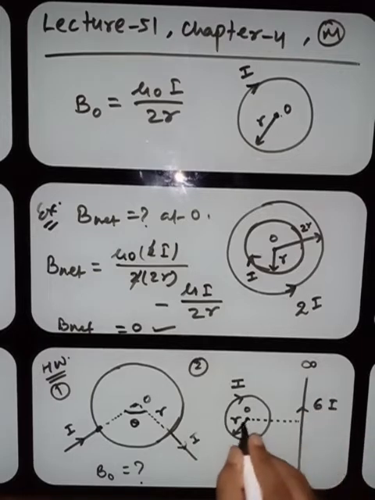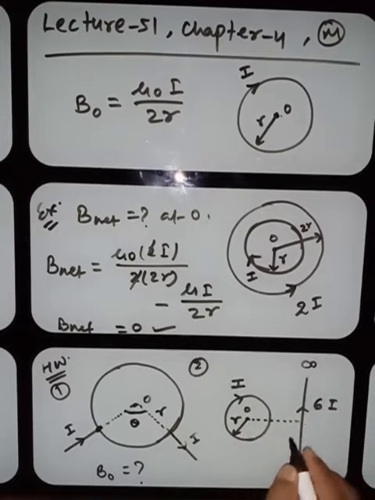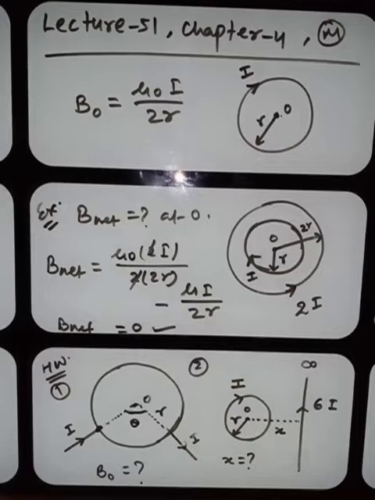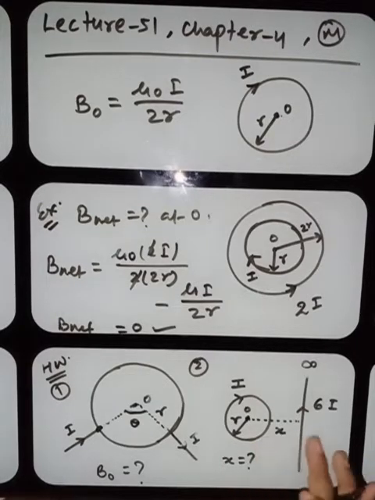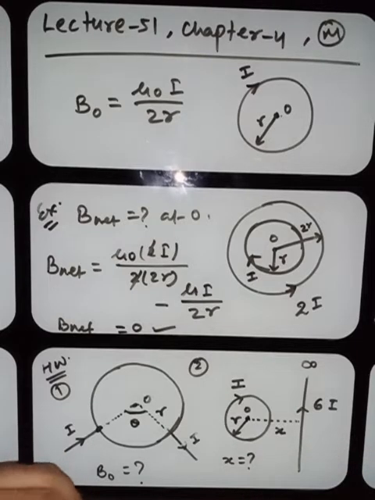What should be the separation between the straight conductor and the center of the circular conductor? Suppose it is X. For what value of X should the net magnetic field at point O, due to both conductors, be 0? This is the question. I hope you got all the data. I don't think it is incomplete. I don't have the book right now.